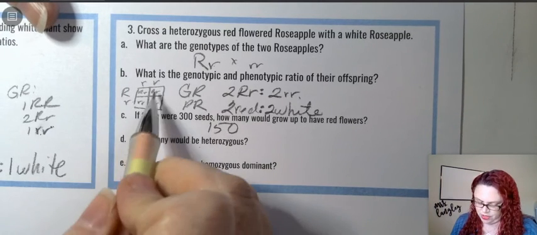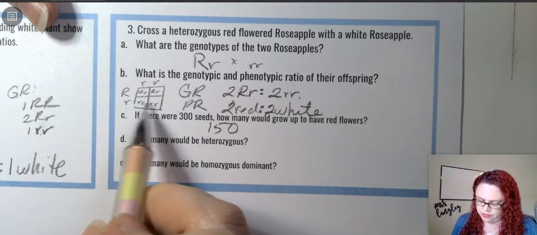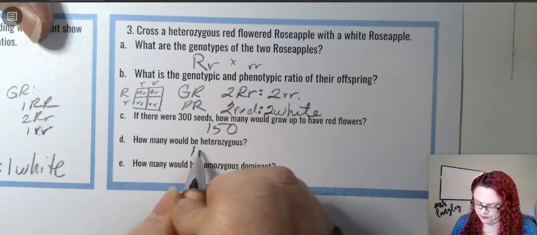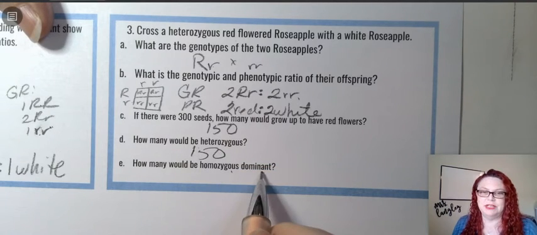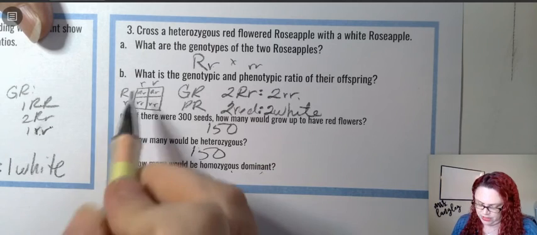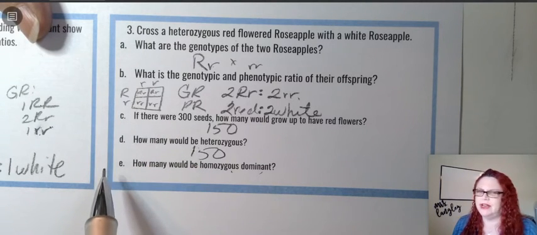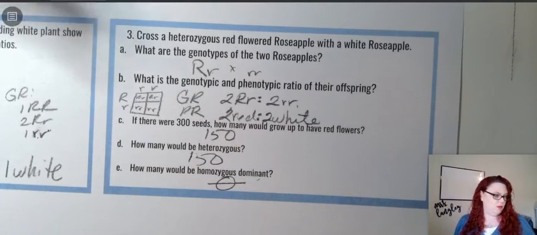Well, if I look at my cross here, I had 2 that were heterozygous and 2 that are homozygous, so that means half of them are heterozygous. How many would be homozygous dominant? Well, if I look here, homozygous dominant would mean I have 2 capital R's, and I don't have any of those. So none of the offspring can be homozygous dominant.